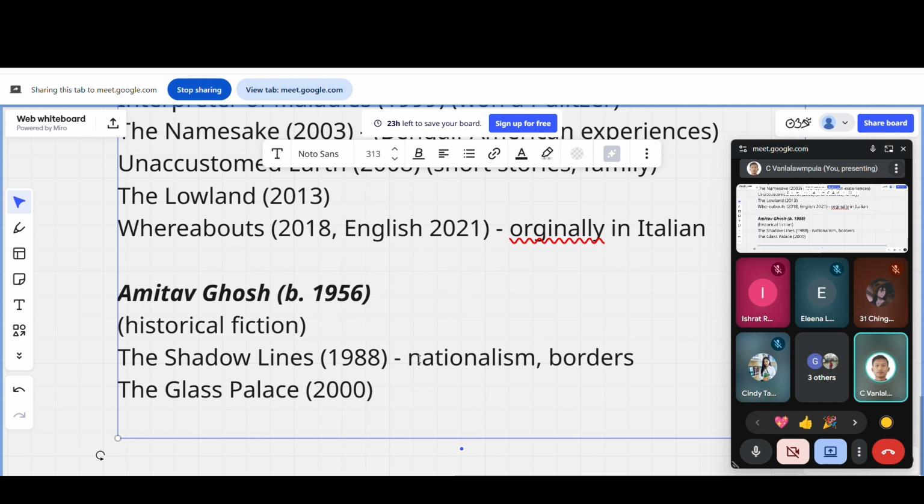For example, India and Pakistan, right? Because of this one line, so much of our identity is separated. People living on one side of the line are called Pakistanis, and on the other side are called Indians, and we really hate each other. We have wars and all. So he's talking about that. That is what is referred to by the shadow lines: national borders, countries, international borders, and all.